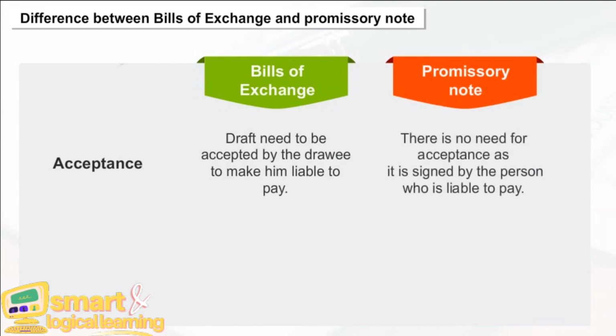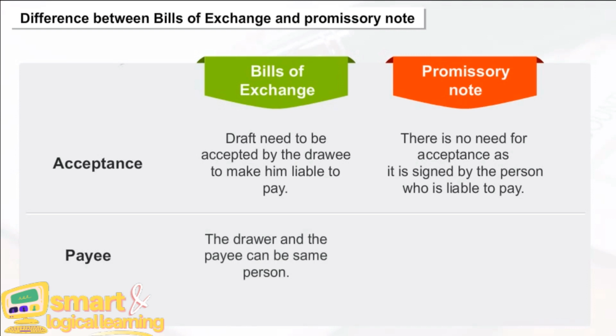In a promissory note, there is no need for acceptance as it is signed by the person who is liable to pay. 5. Payee. In a bill of exchange, the drawer and the payee can be the same person. In a promissory note, the drawer cannot be the same person as the payee.